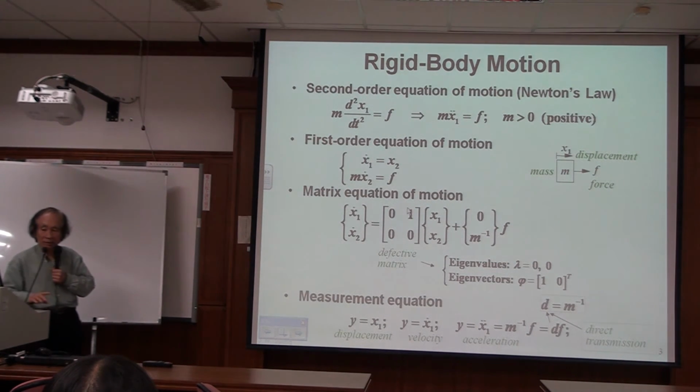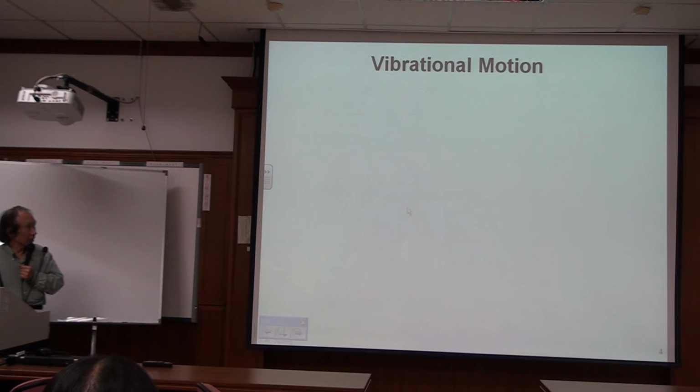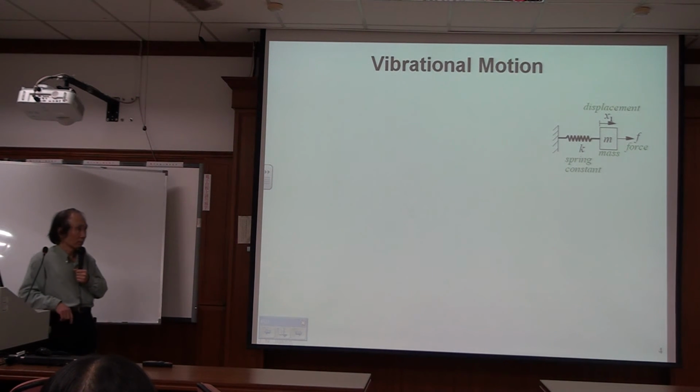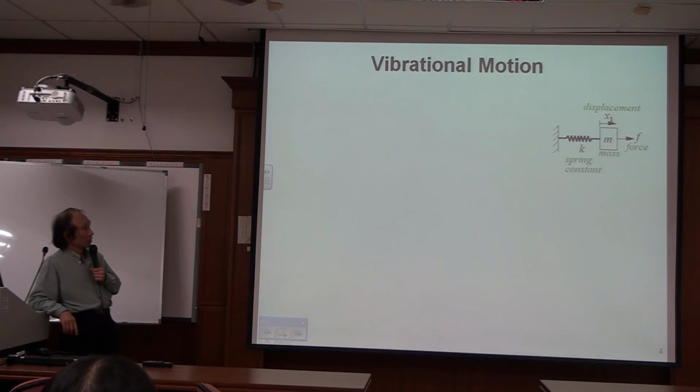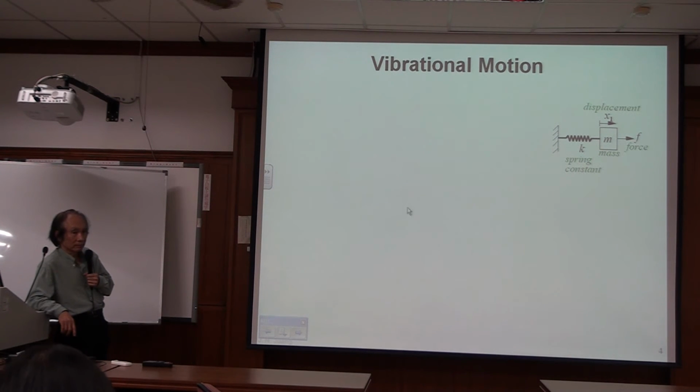All right. This is one simple differential equation. Let's look at the next one. We call this a system. We have displacement, we also have a force, there's a mass, we have a spring constant here.